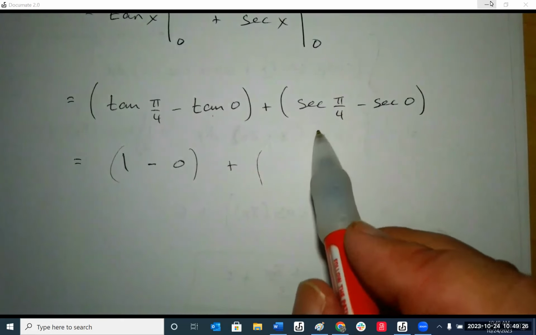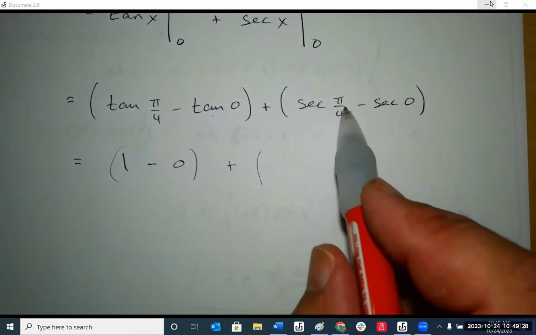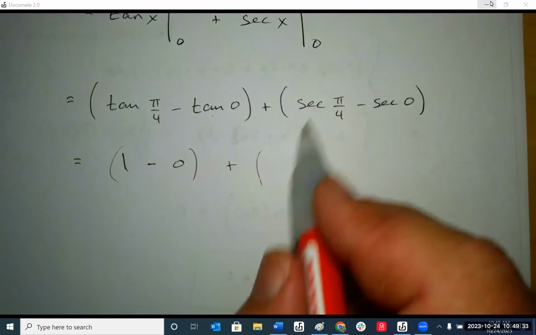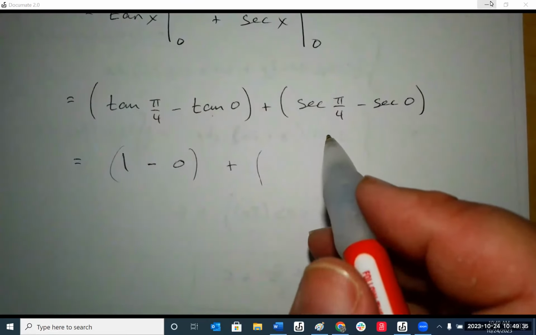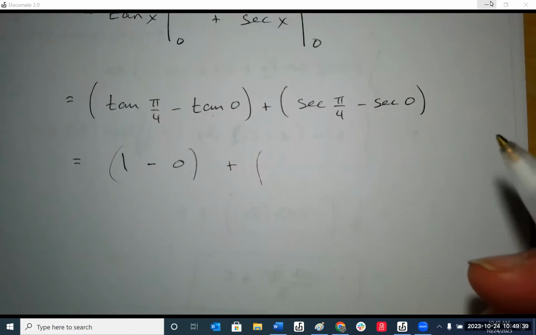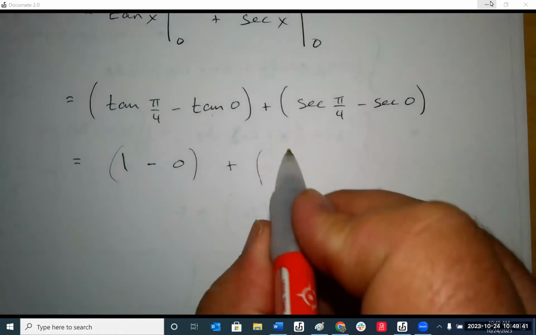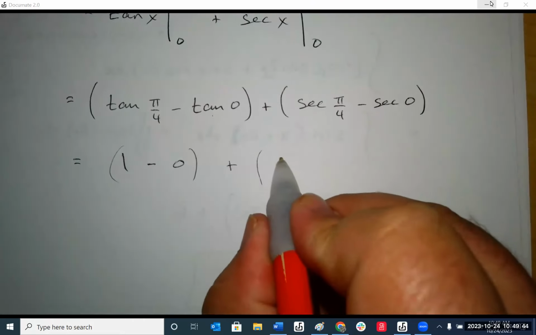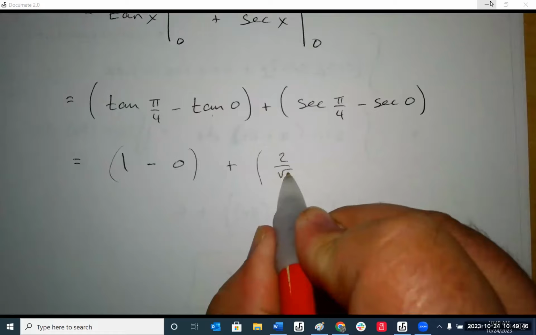Secant pi over 4. That's 1 over cosine pi over 4. Cosine pi over 4 is square root of 2 over 2. So it's 2 over square root of 2.